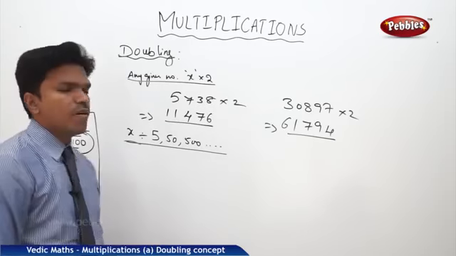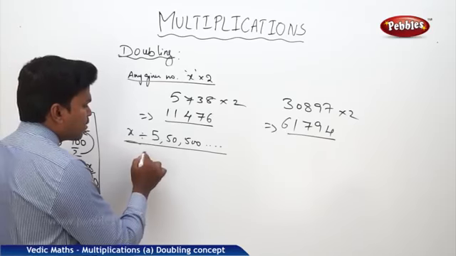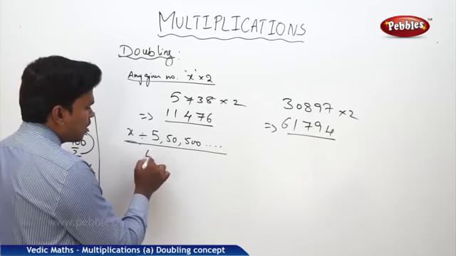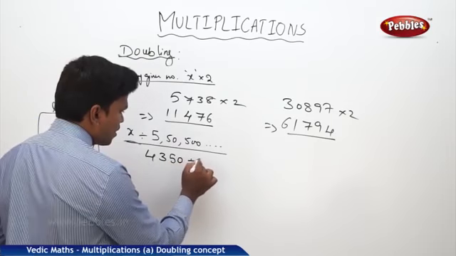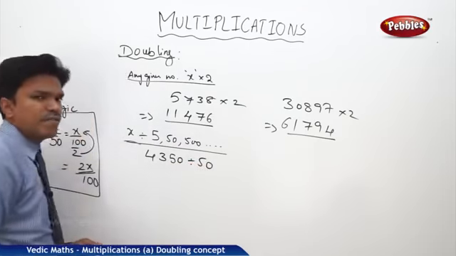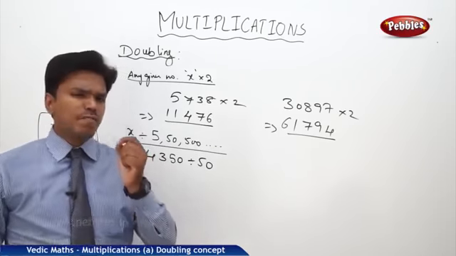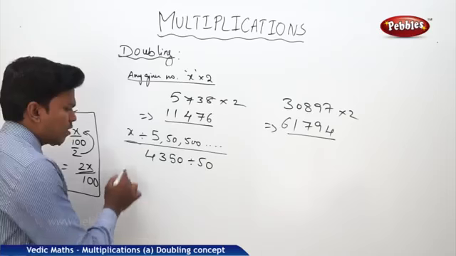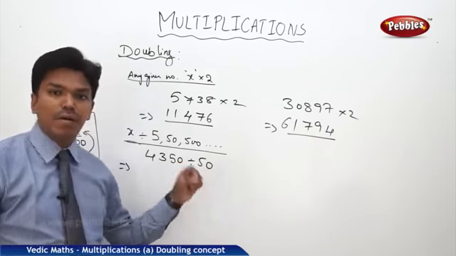Right. Now we will see division by 50. Suppose you want to divide a number by 50, let us take some number, 4350 divided by 50. Here also, you have to do the same thing but with a small change. First, whenever you want to divide any number by 50, simply double the number.